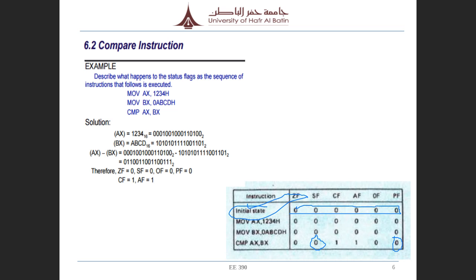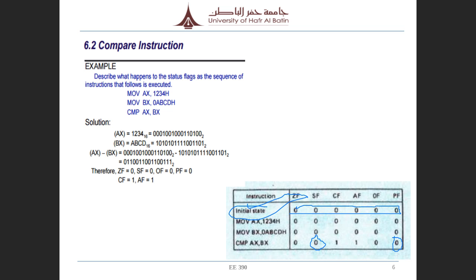But we need the binary value, because when we do the comparison the value we put may be hexadecimal or decimal. If it is hexadecimal, we can write the binary value easily. But if it is a decimal number, we have to convert it to binary.